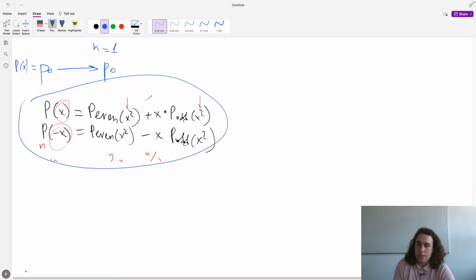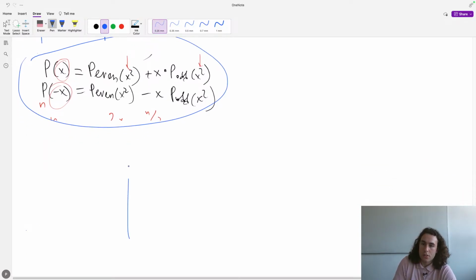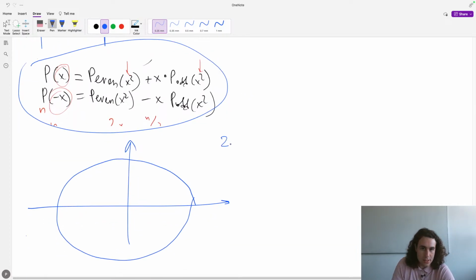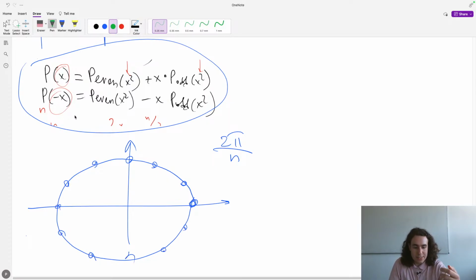Note how our roots look on a circle, right? We look at all angles that are multiples of 2 pi over n. So it's this angle, this angle, this angle, this, and this. And what does minus x mean? It means that we negate both our coordinates.